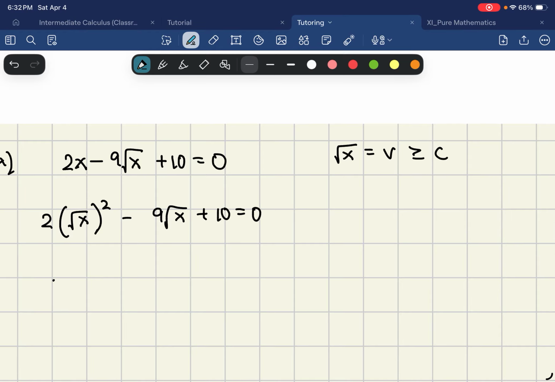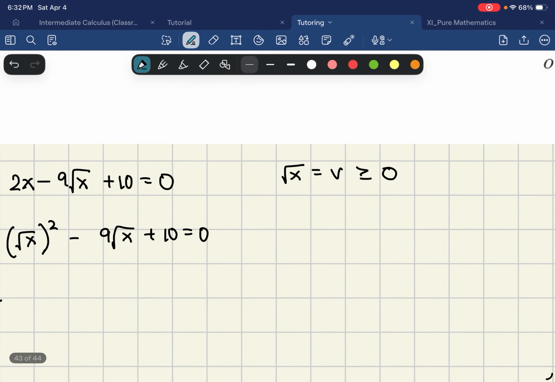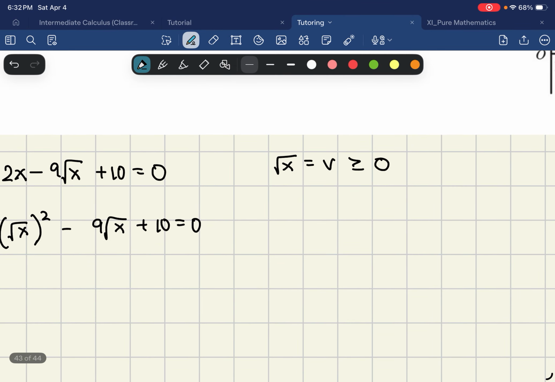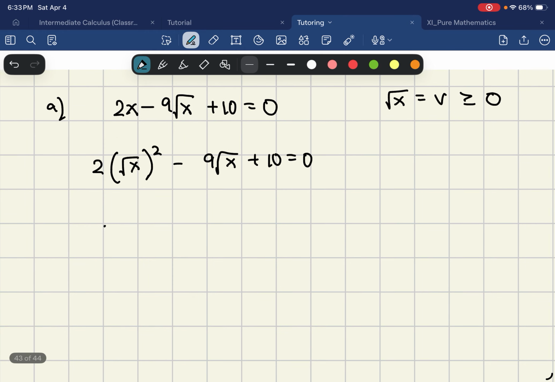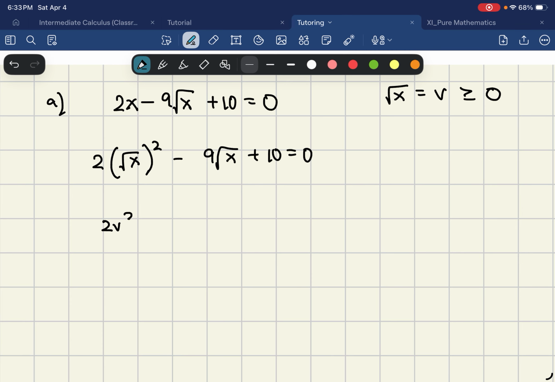And again, remember, v has to be bigger than or equal to 0 because of how the square root function is defined. The square root function is always bigger than or equal to 0, right? If you take the square root of any number, you can't get something that is negative. All right. So 2v squared minus 9v plus 10 is equal to 0.